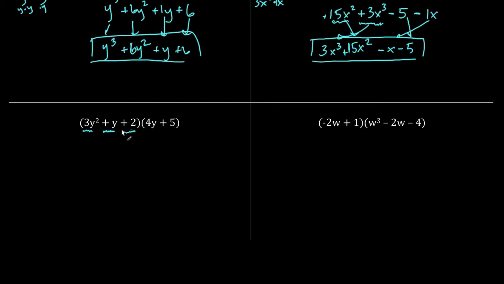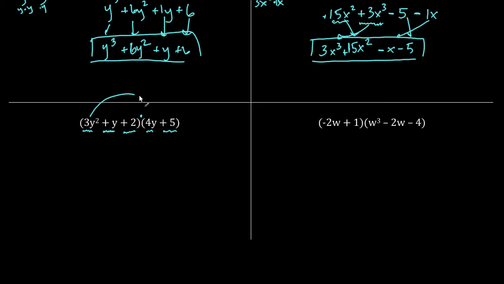We're multiplying that whole quantity by 4y plus 5. Because remember, the multiplication's here. It's not 3y squared times y. It's not 3y squared times 2. It's, if we could combine them, which we can't, then we multiply by 4y plus 5.